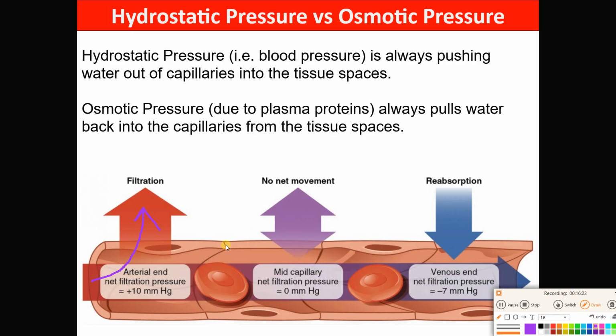Now, osmotic pressure, which is primarily due to plasma proteins like albumin, is always sucking water back into the blood vessel, especially our capillaries.